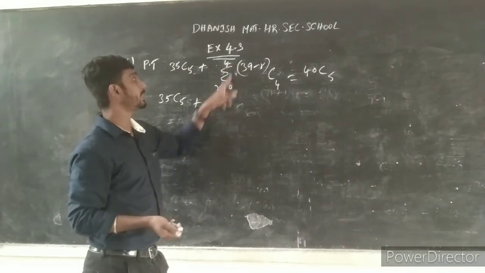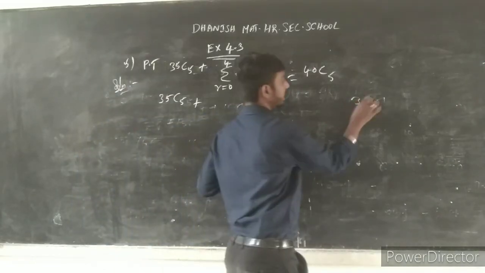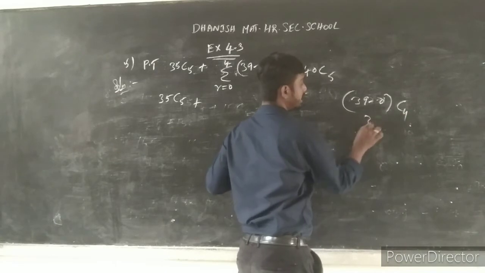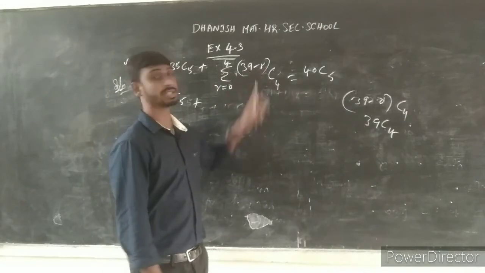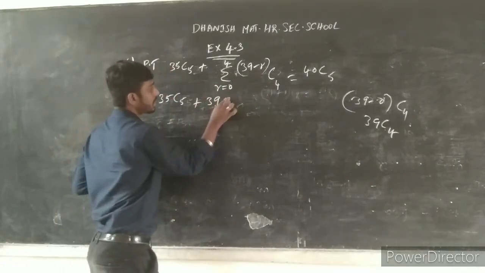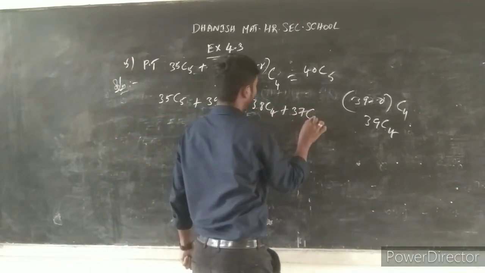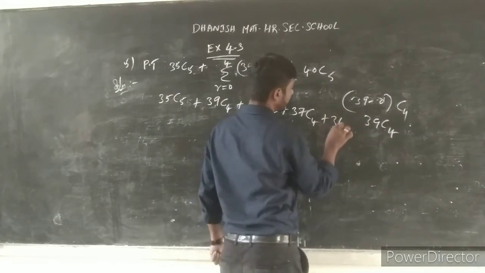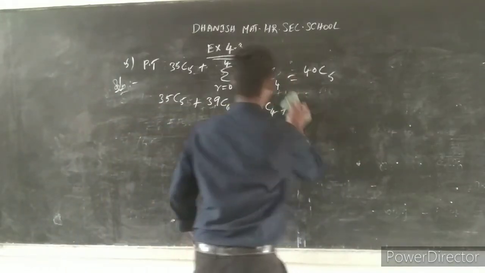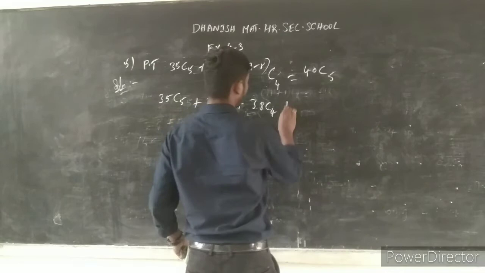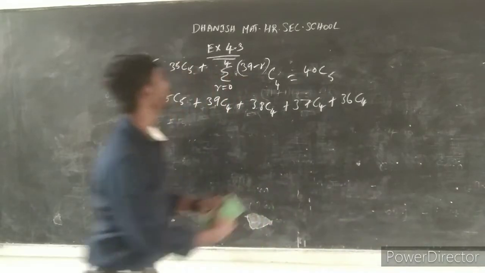Applying 0: 39 minus 0 gives 39C4. Applying 1: 39 minus 1 is 38, so 38C4, then 37C4 plus 36C4, up to 4 values.